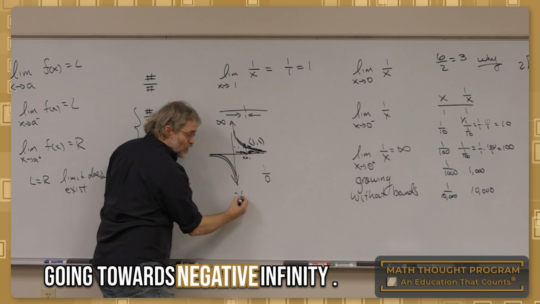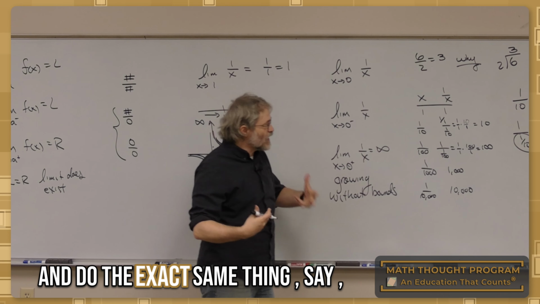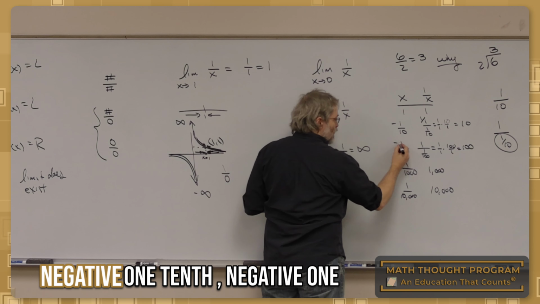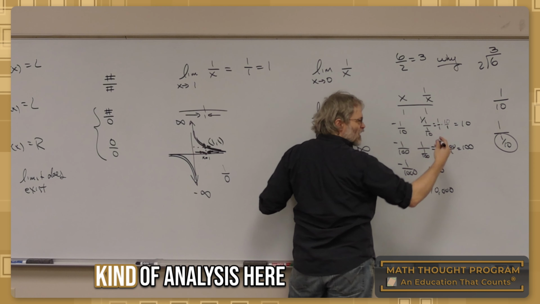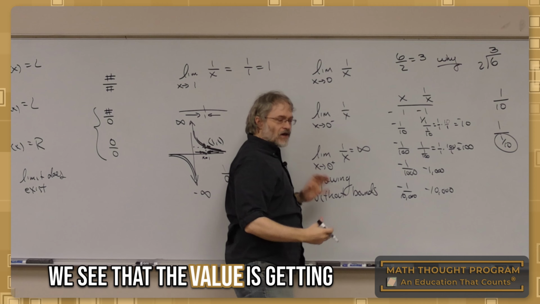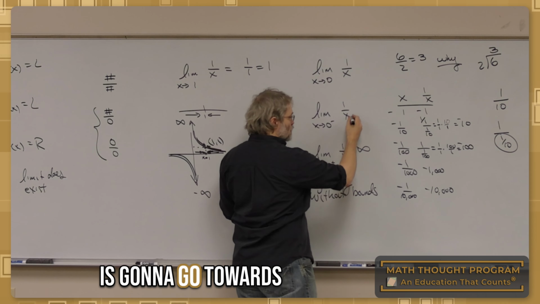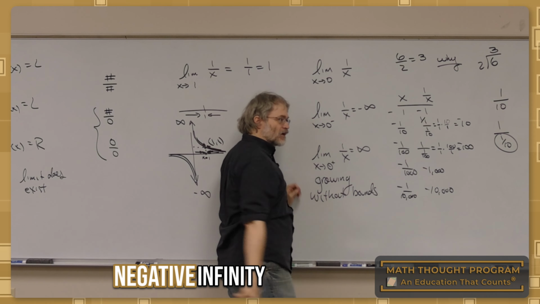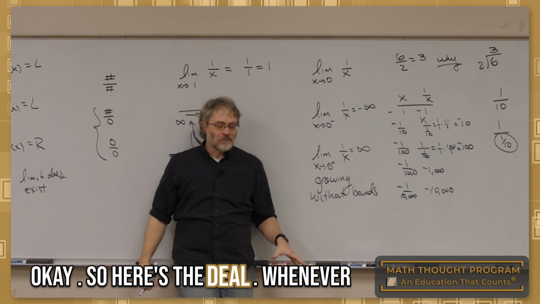but you can also grow without bounds going towards negative infinity. Okay, and if we were to set this up and do the exact same thing and say negative 1/10, negative 1/100, we'll get the same kind of analysis here. We see that the value is getting bigger and bigger and bigger. So this is going to go towards negative infinity. Okay, so here's the deal.